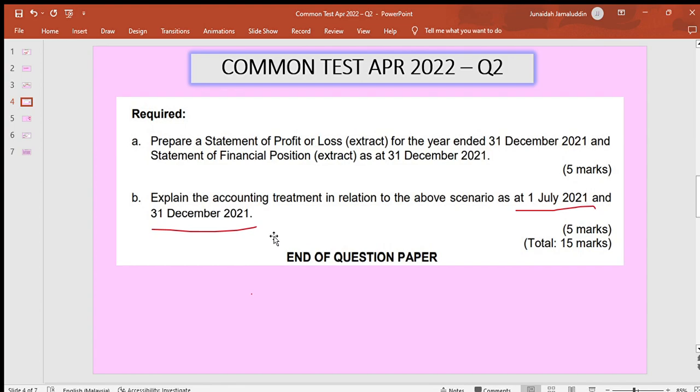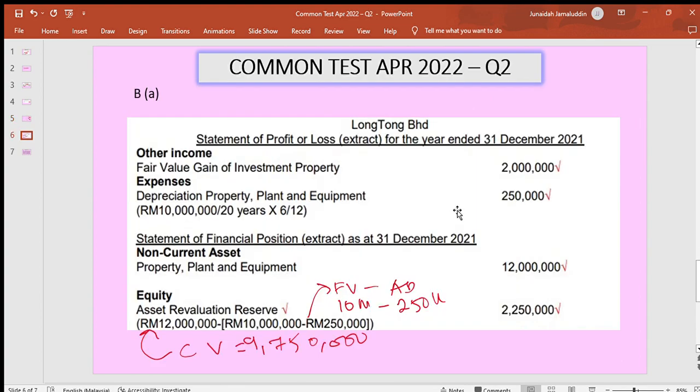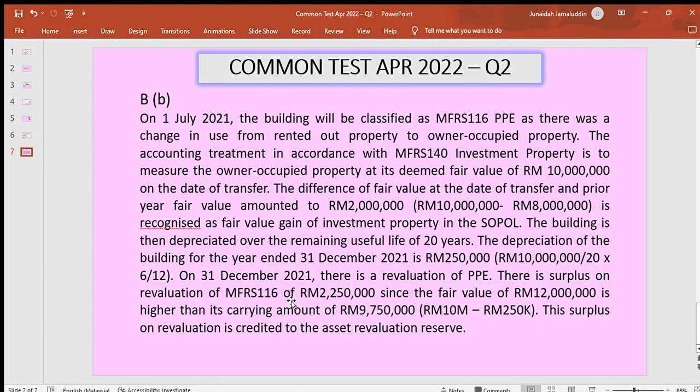Basically we just explain what we've done in the SOPO and SOPI just now, in the form of accounting treatment. So let's check out the suggested answer. You can use your own words to explain the accounting treatment, based on your own understanding.